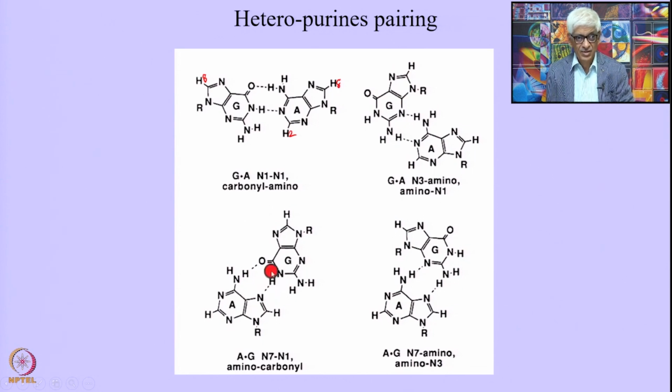This is A, this is N7, this is N1, and A-G N7 amino N3. And look at these possibilities, because there are so many hydrogen bond acceptors and donors in the base structure. All these acceptors and donors can accept a hydrogen bond and give a proton, and that is why you have so many different kinds of possibilities of hydrogen bonds.